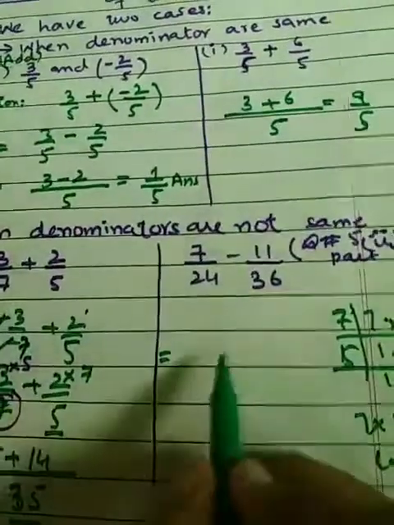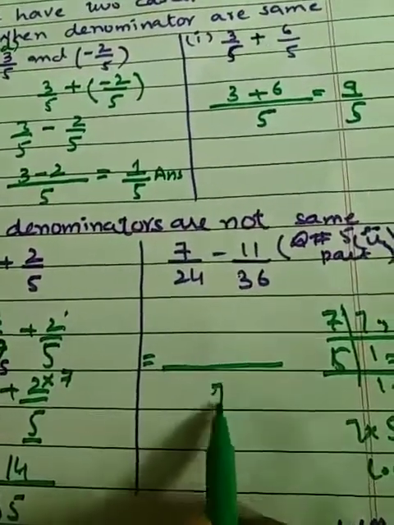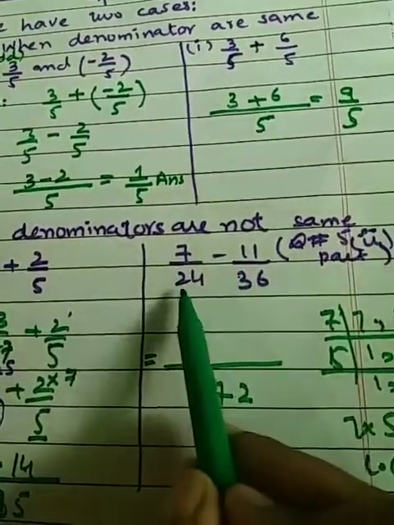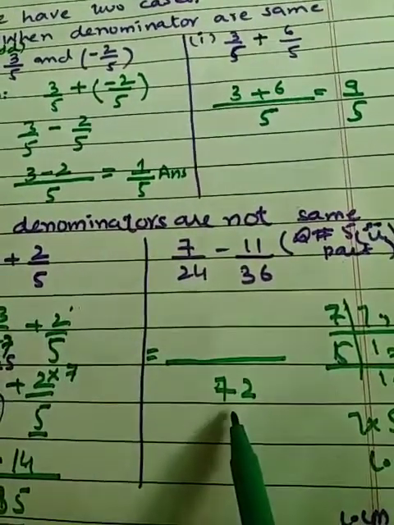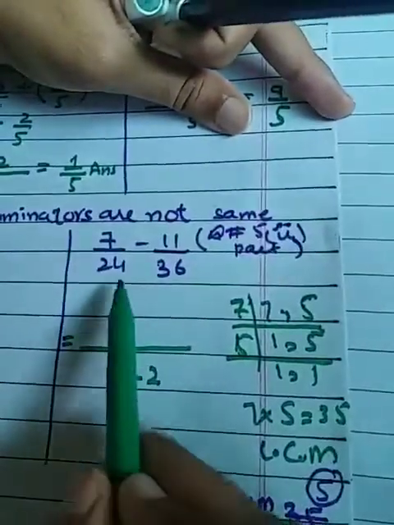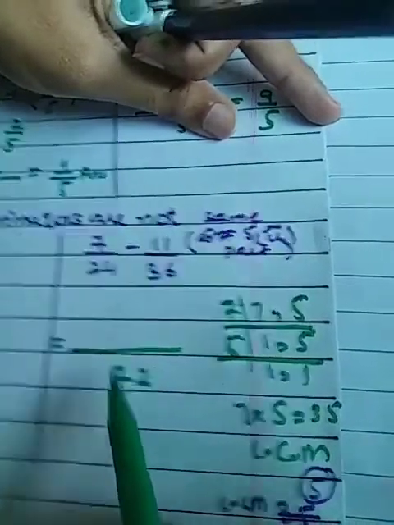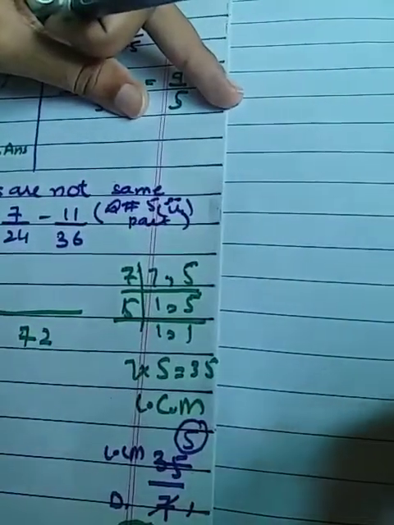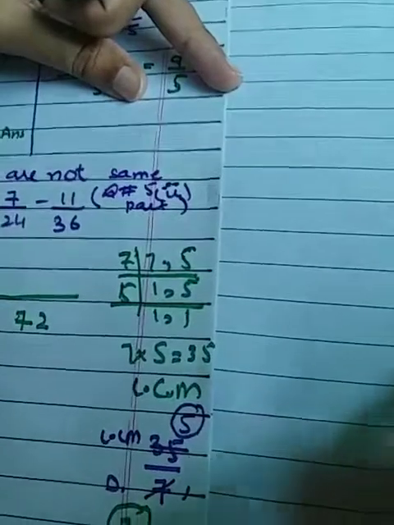Okay, now mark a straight line, write LCM here, 72. Divide the first denominator with the LCM. Just for your clarification, divide the denominator with the LCM, 72 above and 24 below.